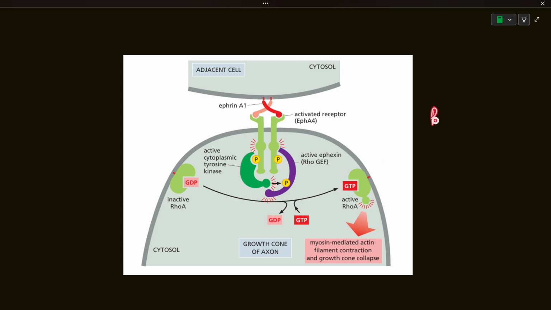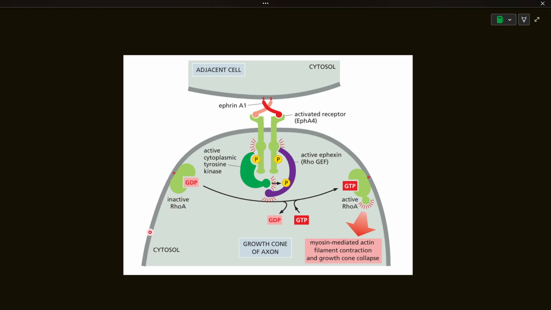You remember RAS-GEF was not anchored to the intracellular domain, but the RAS protein was anchored to the cytosolic leaflet. In the same way as the RAS protein, there exists a Rho family member known as Rho-A, and it is anchored to the cytosolic leaflet.